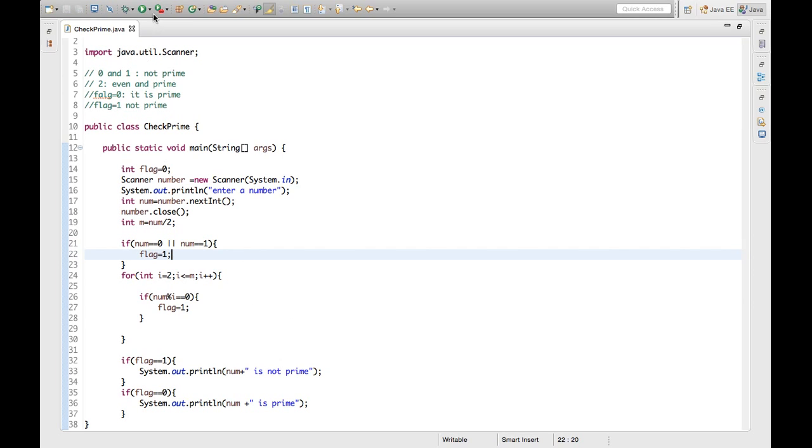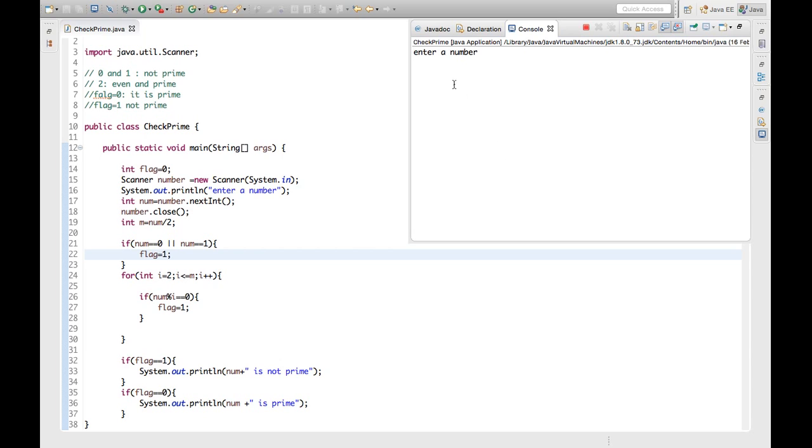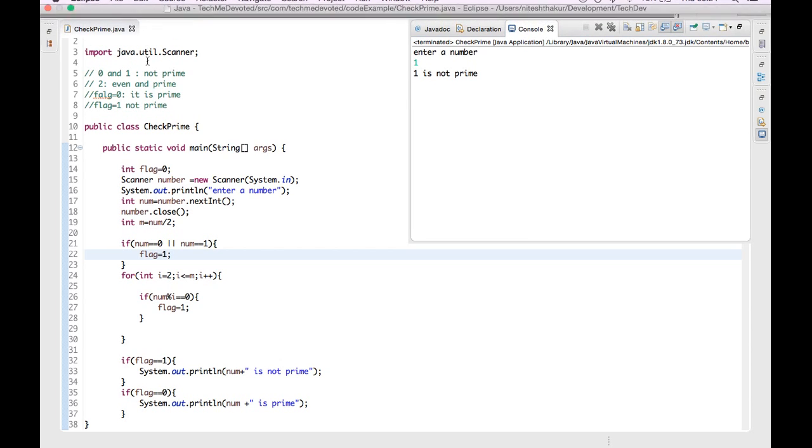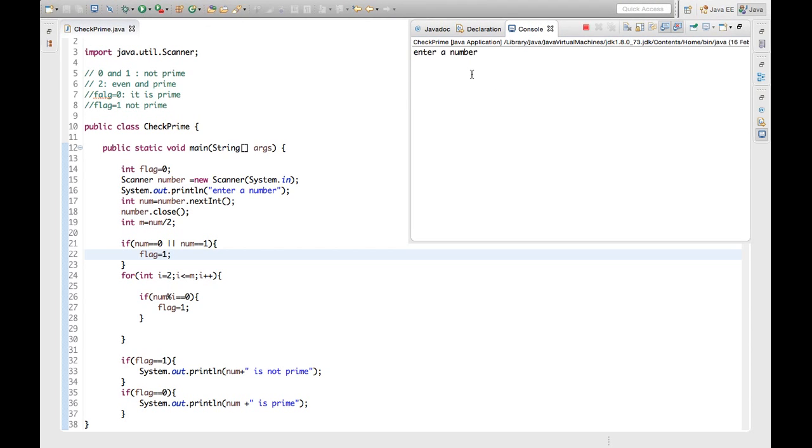Now if we run this and write 0, 0 is not prime; write 1, 1 is not prime. We write 5, 5 is prime. We run and write 15, 15 is not prime.